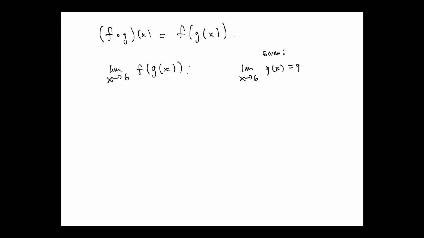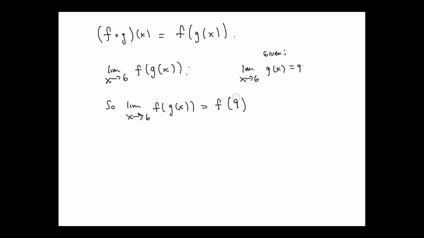Okay? So what do you guys think this is going to be? I'm going to guess that it's f of 9. Okay? Because the inside thing is, yeah, did I mess something up? Oh, sorry. The peanut gallery has led me astray. 3.